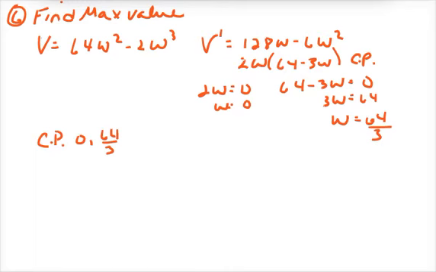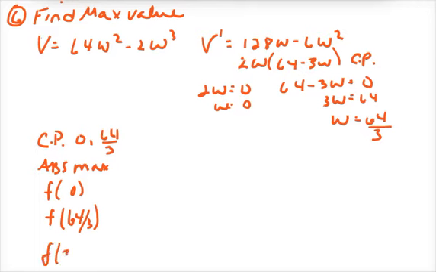So to find the absolute max, I need to evaluate the function at its endpoints and also its critical points. So f of 0 is one of the critical points, which happens to be an endpoint, and f of 64 thirds, and the last one is f of 32.